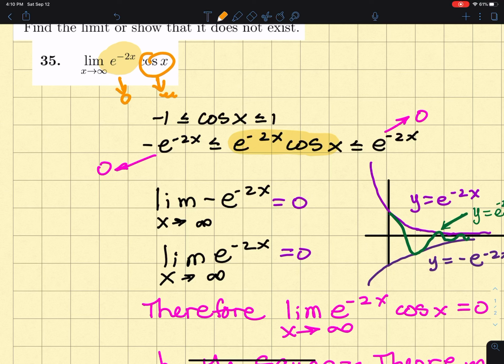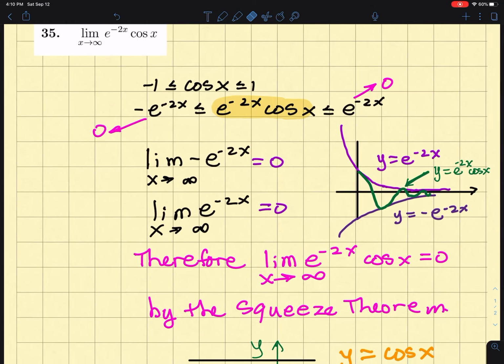I cannot do that because the limit of cosine x does not exist. So I cannot multiply the limit of e to the negative 2x times the limit of cosine x in a limit law multiplying two limits. I can't do that because the limit of cosine x doesn't exist.